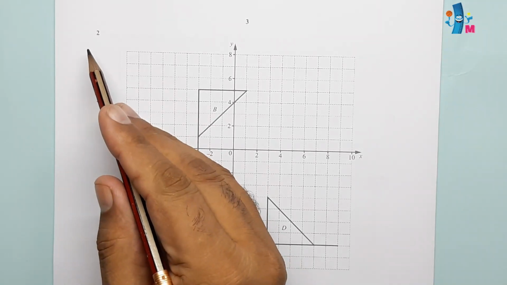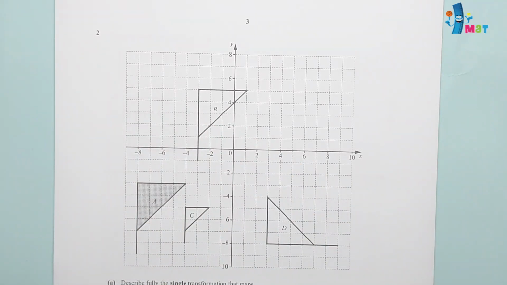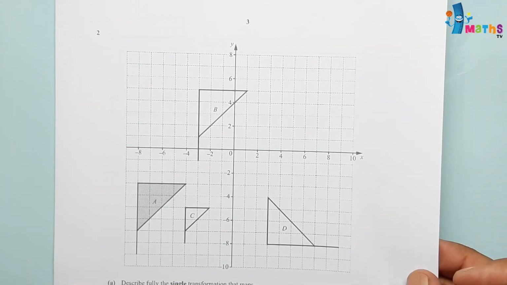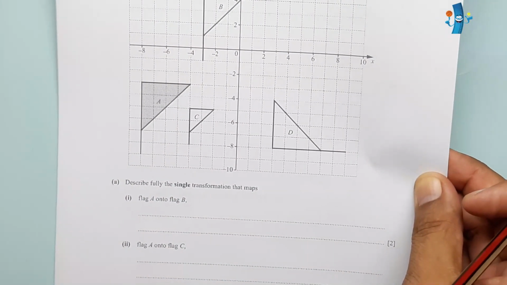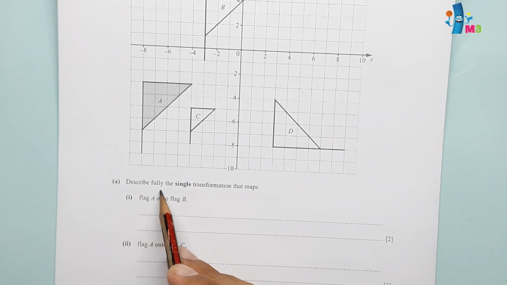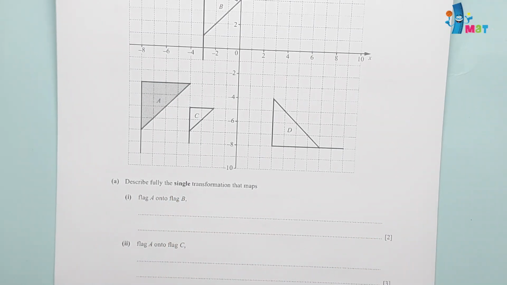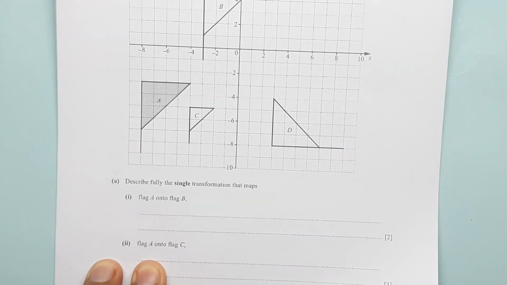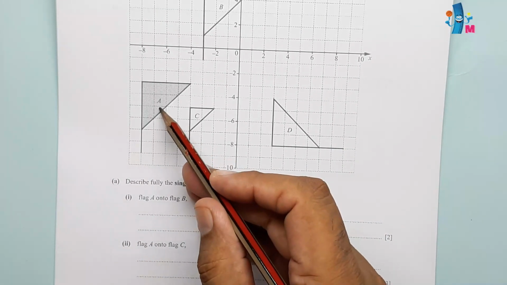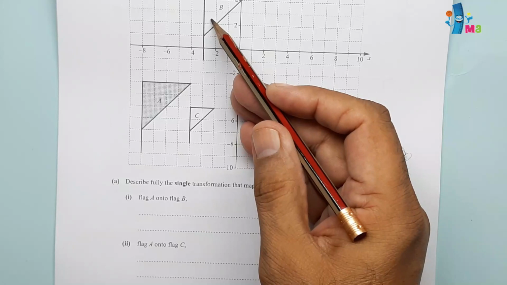Question number 2. Describe fully the single transformation that maps flag A onto flag B. So this is the A part. Flag A is this one and B is this one.